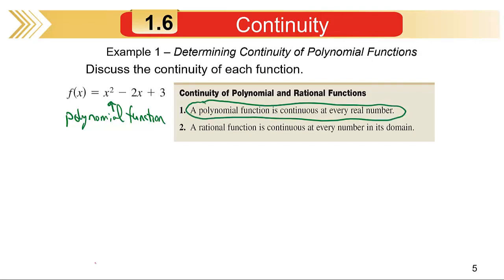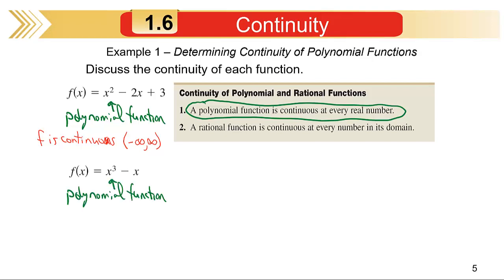So there are no points of discontinuity, and if you wanted to say where it was continuous, you could say that it's continuous from minus infinity to infinity. There aren't any points of discontinuity.